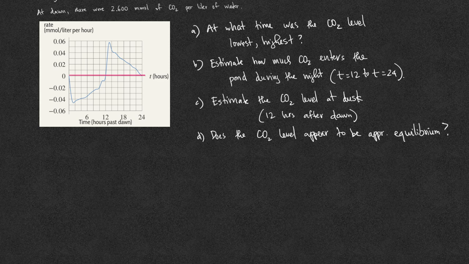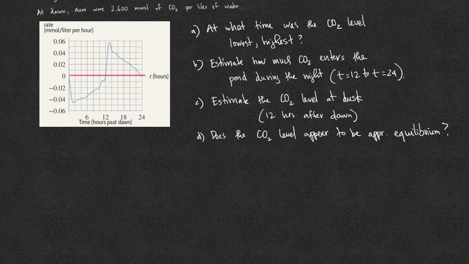If we think of this as the rate at which the CO2 level is entering or leaving the pond, then the area between the curve and the horizontal axis gives us the change in CO2 concentration in the water at time t.